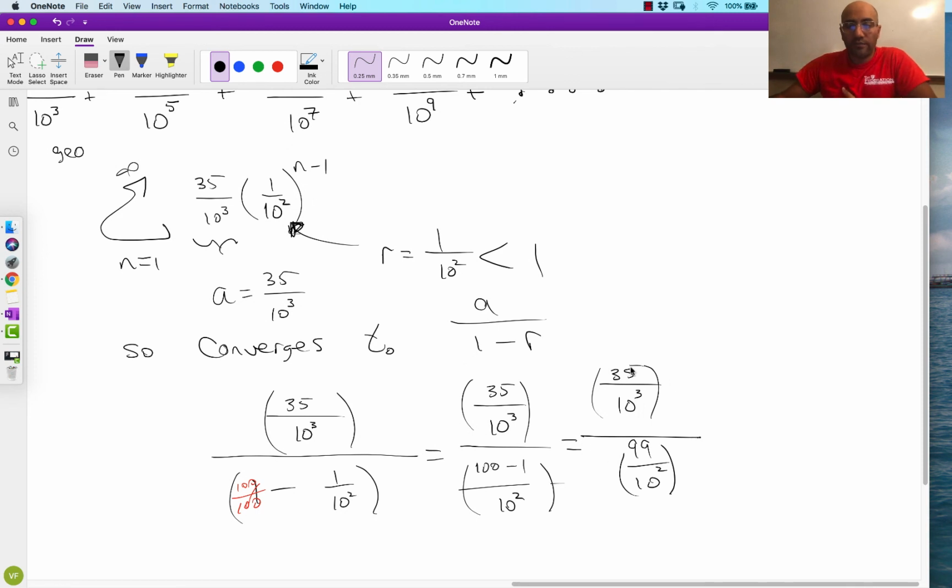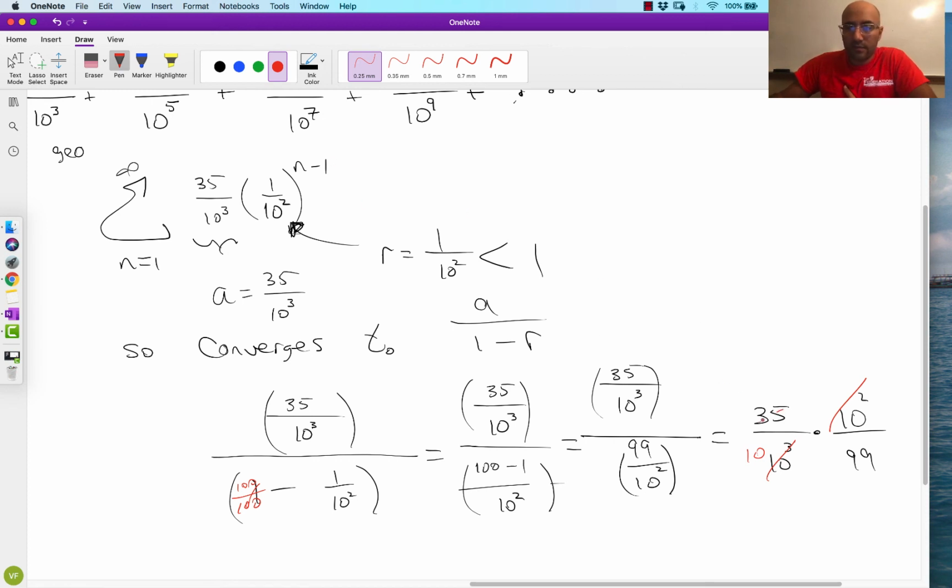Okay, so we have one giant fraction, where there's a fraction in the numerator and a fraction in the denominator. So we can simplify that by changing it to 35 over 10 to the power of 3 times 10 to the power of 2 over 99, right? Multiplying the numerator times the reciprocal of the denominator. Now, this cancels with most of those, but there's still a 10 in there. And so now, that's a 7 and a 5, I guess it can reduce a little bit.